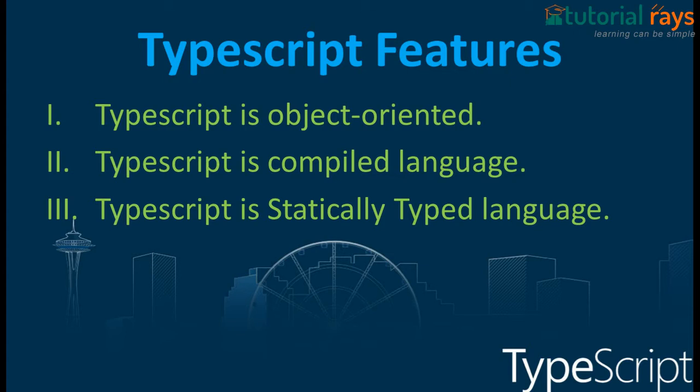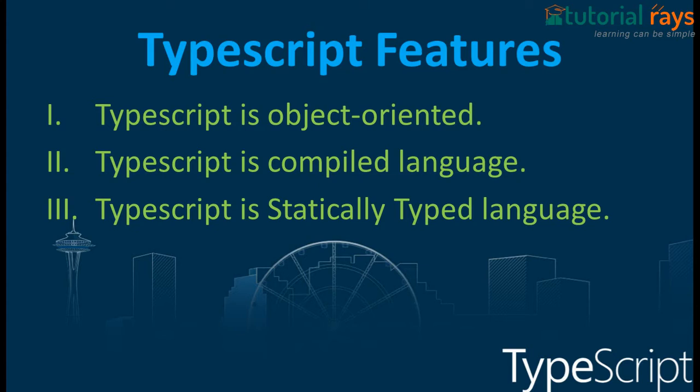The meaning is that you have to declare the data type and adhere to it. For example, if you have written int a, then you can store an integer only. If you have written string, then you can store a string only. But in case of JavaScript, you don't have to bother about that. You just declare a variable, and you can store a number as well as a string.